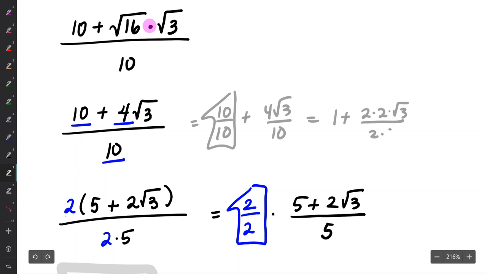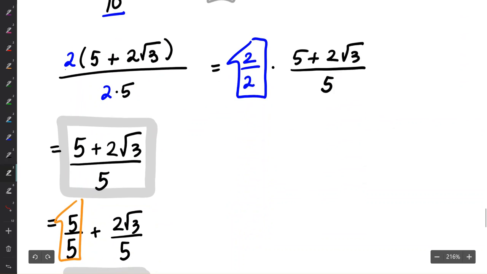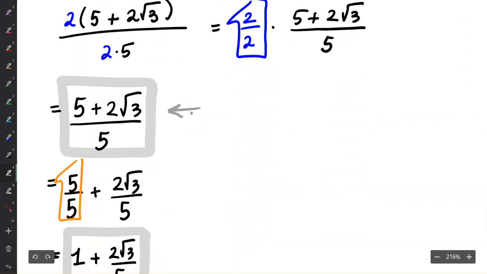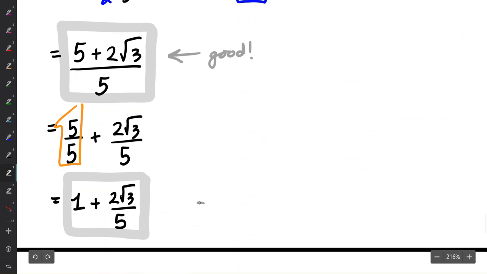And 10 is 2 times 5. So there you see another 1. We get 1 plus 2 root 3 over 5. Yeah? So let's go ahead and put both of these answers in. This is good. This is good too.